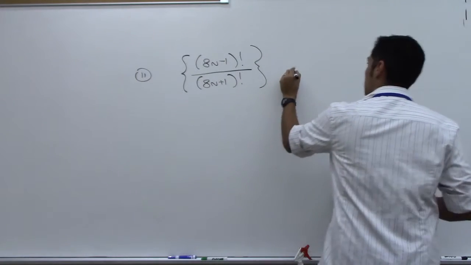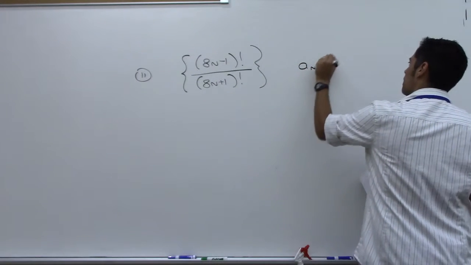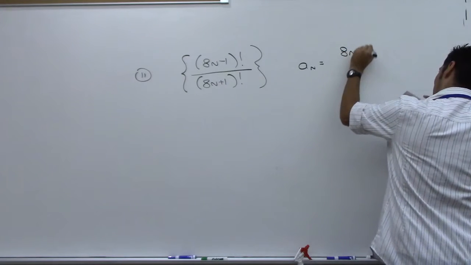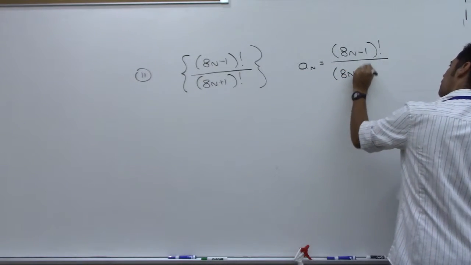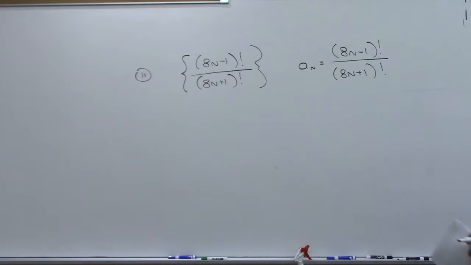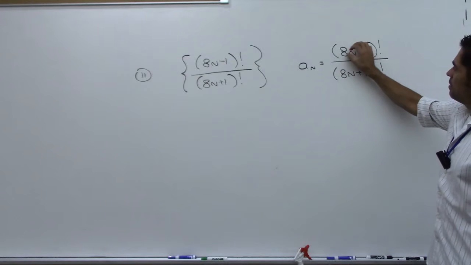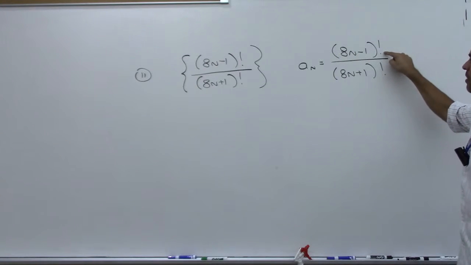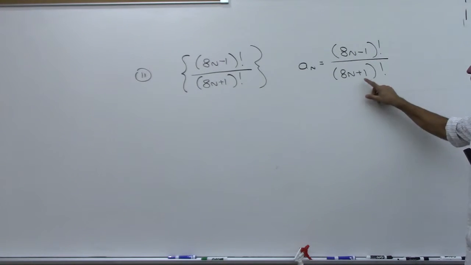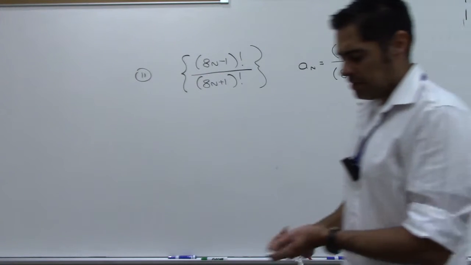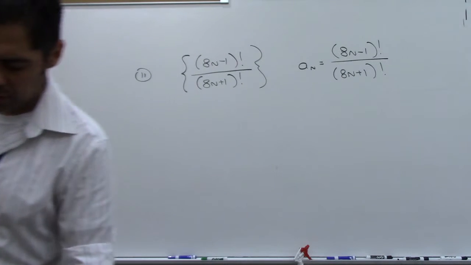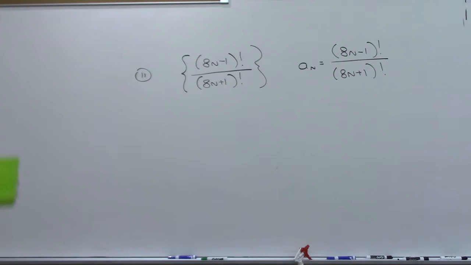All right, so they could have written this and it would be exactly the same thing. All right, so what's happening is n gets big. This thing gets big, big number factorial is huge, big number factorial is huge, so we have like an infinity over infinity. We can't use L'Hopital's rule here. We can't switch this into a function of x and use L'Hopital's rule, so we have to do something else.